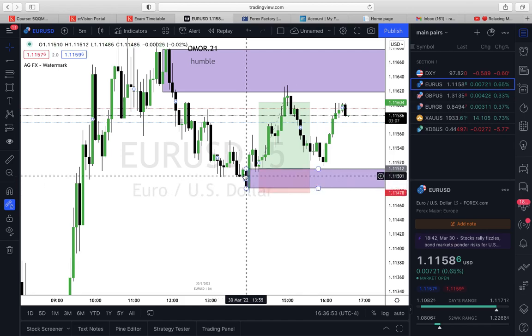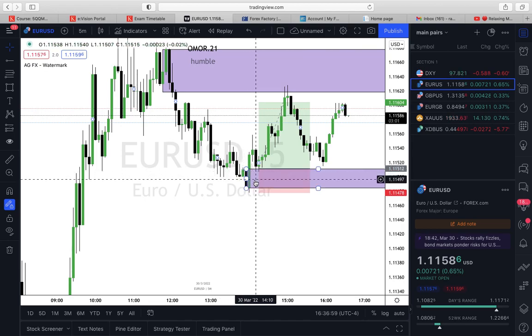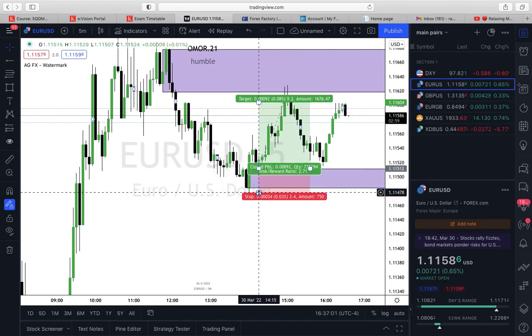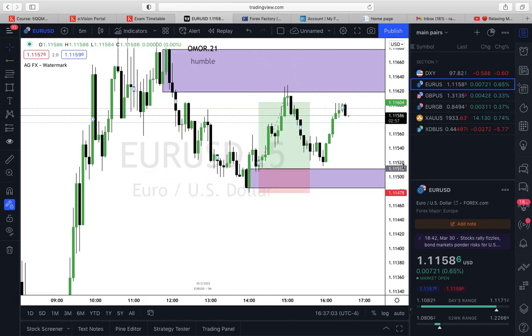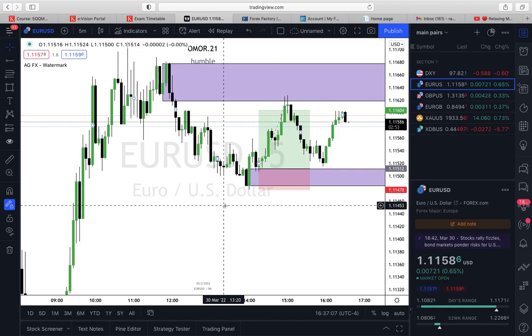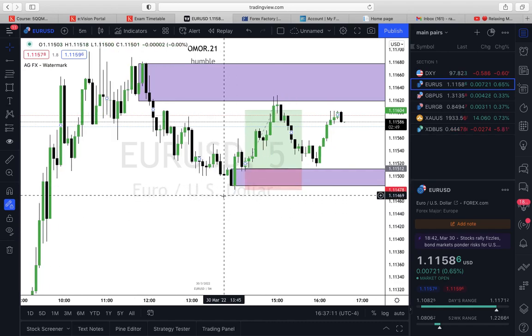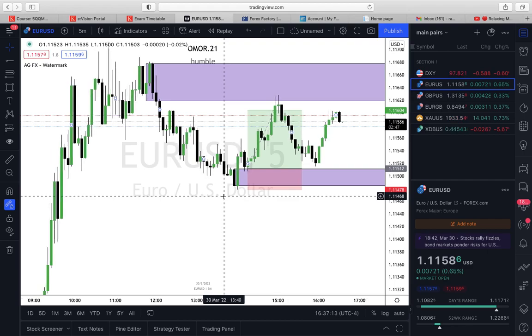For example, if this is a true order block, this displacement, true order block, algorithmically, why would we want to trade through it? In the context of a higher time frame bias for the euro, a bullish day, why would you want to trade through the order block? You're respecting bullishness, right?